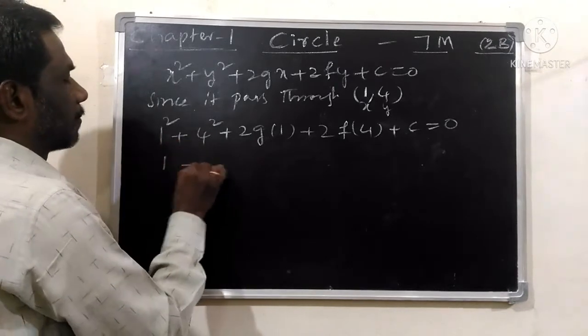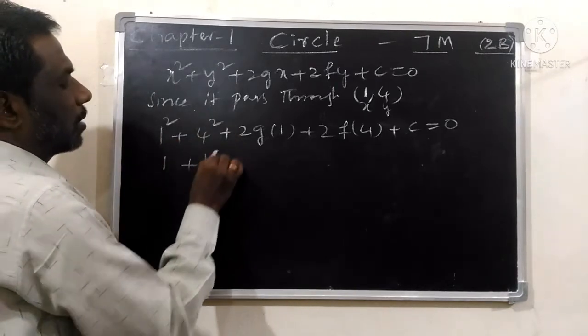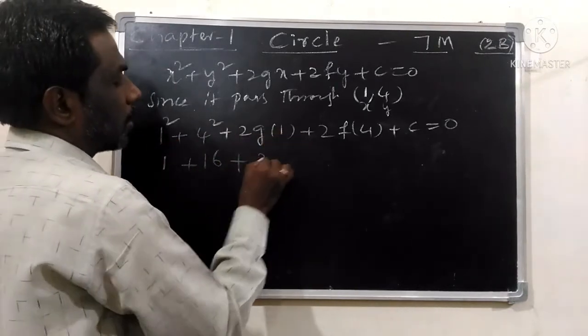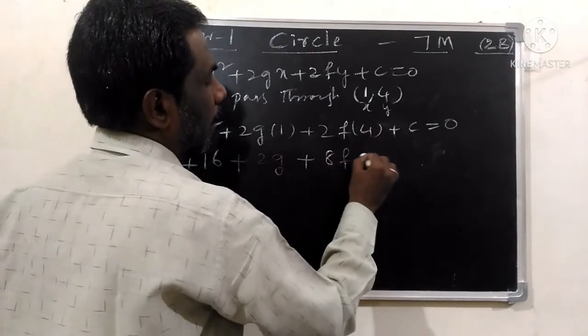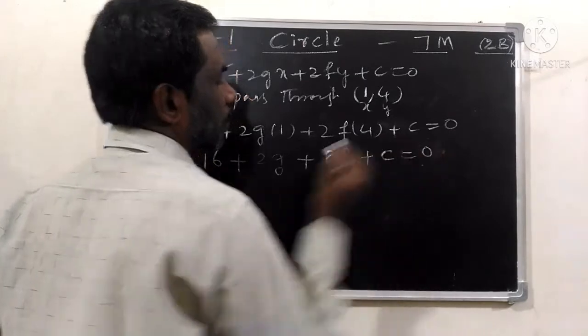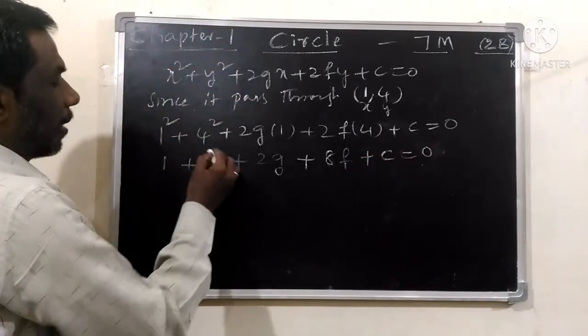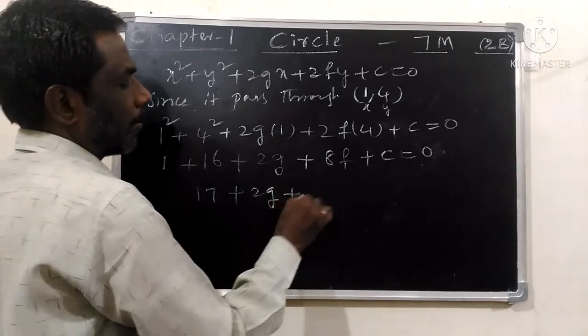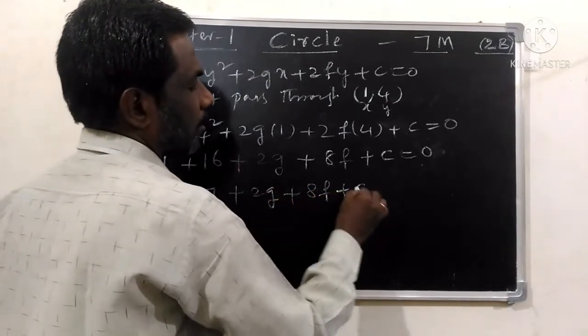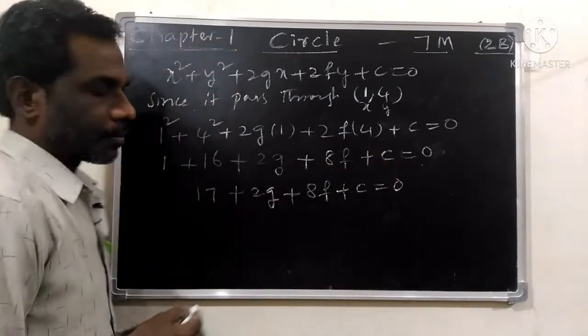1² is 1, plus 4² is 16, plus 2 times 1 is 2g, plus 2 times 4 is 8f, plus c equals 0. 1 plus 16 is 17, plus 2g plus 8f plus c equals 0.